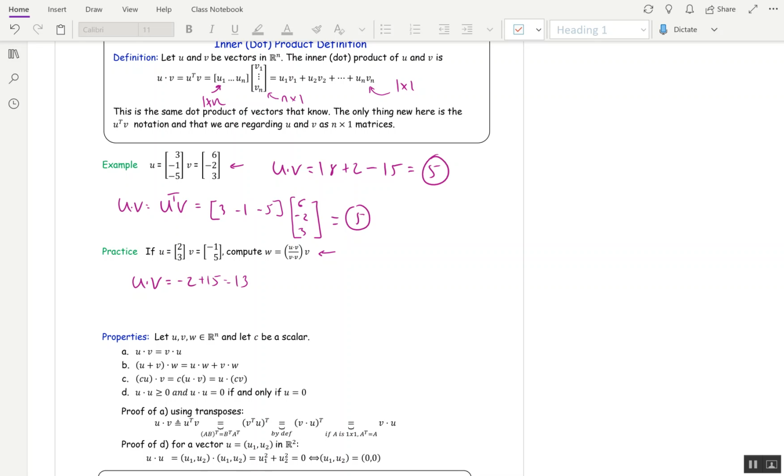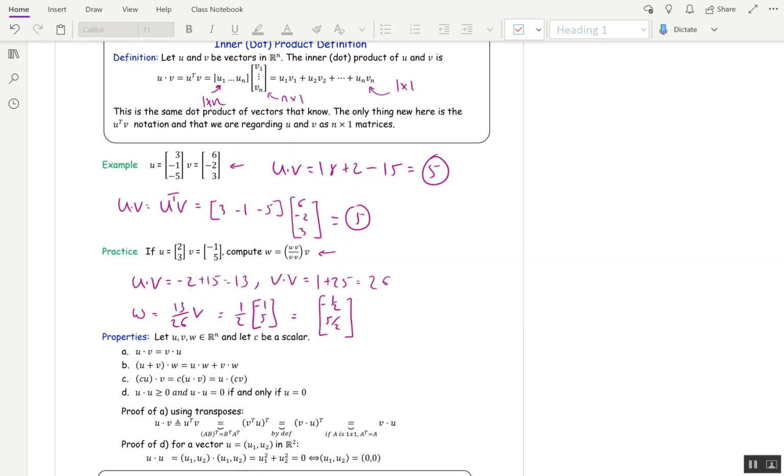You get 13, and v dot v is -1 times -1 is 1, plus 5 times 5 is 25, so that's 26. So w is the vector 13 over 26 times the vector v, which is 1/2 of v, and v is -1, 5. And so that's the vector -1/2, 5/2.